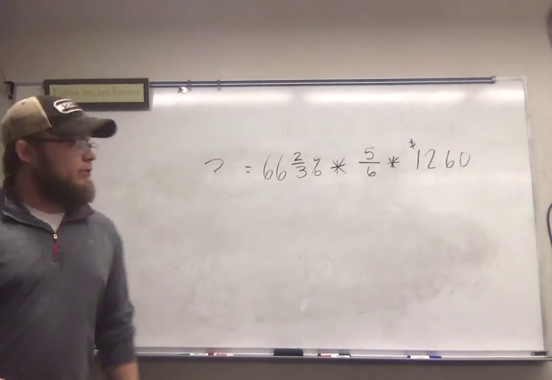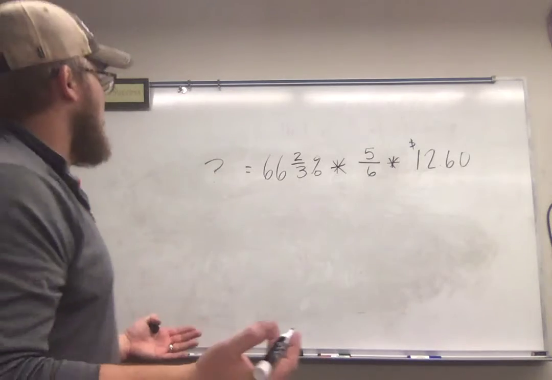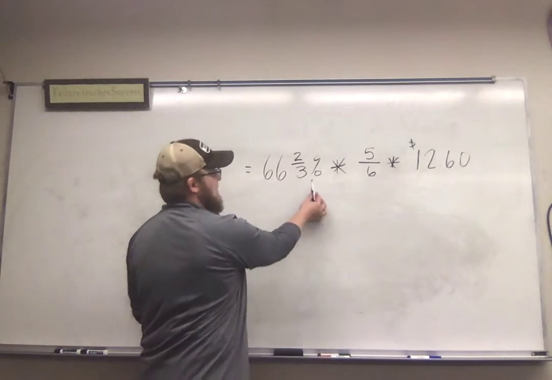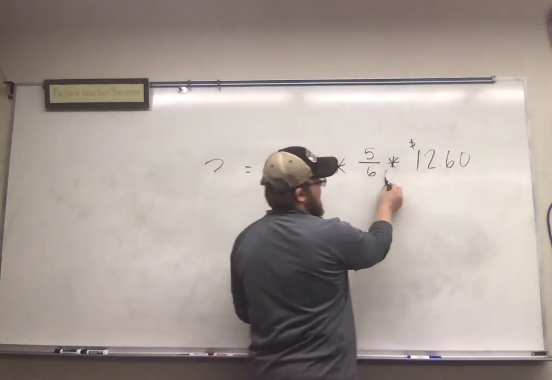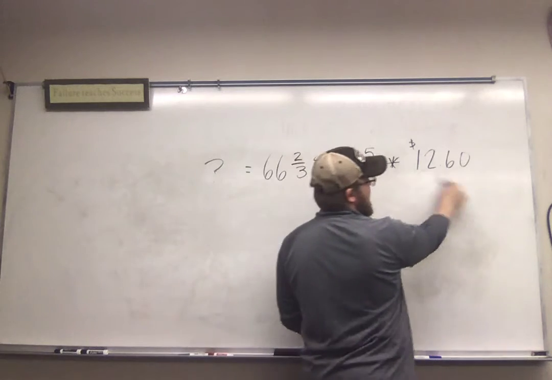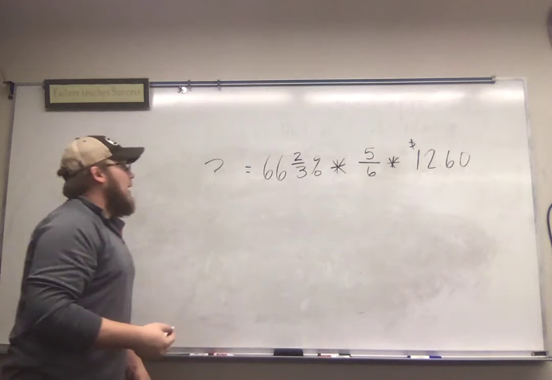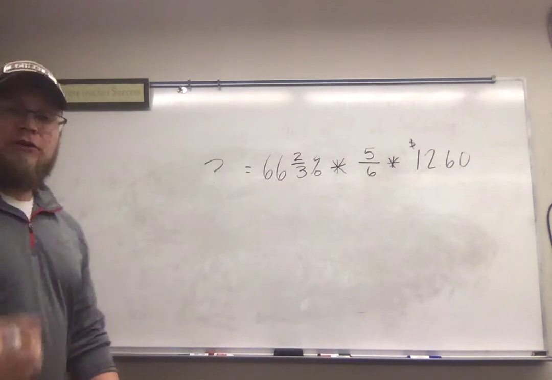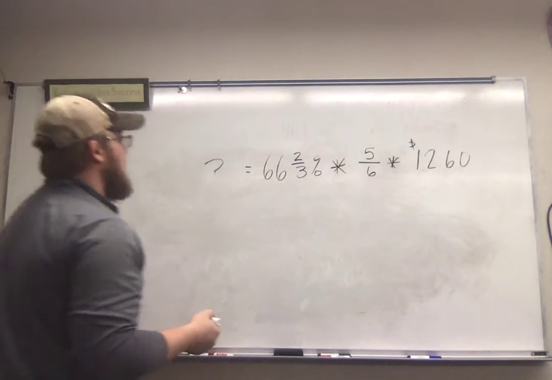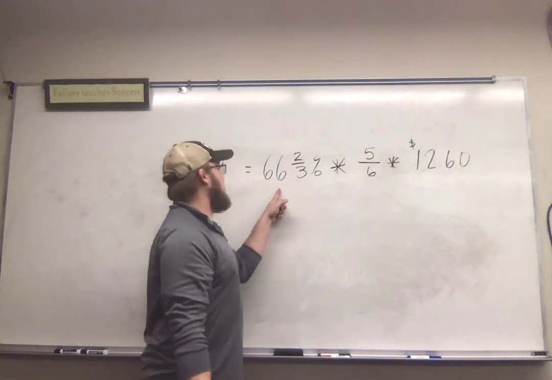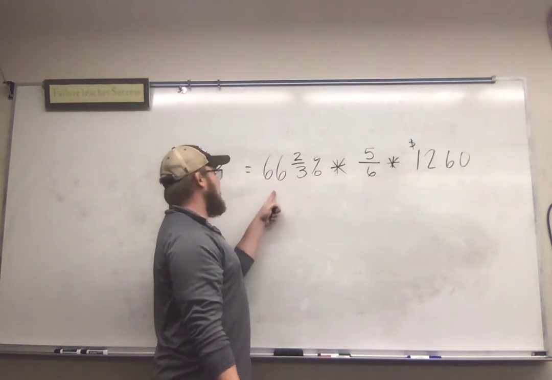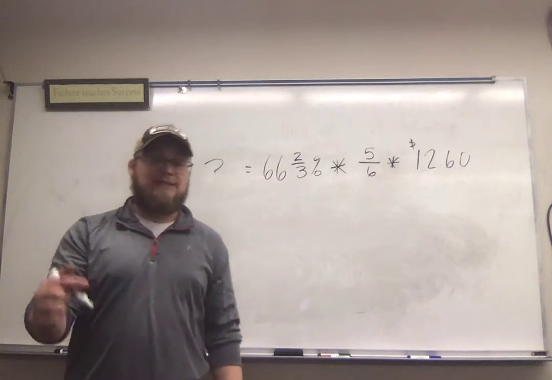So, it's trying to get you to select appropriate terms, okay? Now, this one is a percent, this one is a fraction, and this one's just a normal decimal number, okay? I say we convert the first 2 numbers to fractions, okay? You could convert this to a decimal. It's just that this decimal is 0.6, and then it repeats.